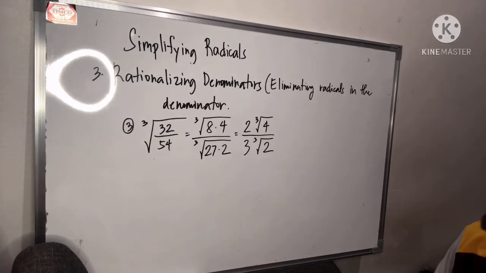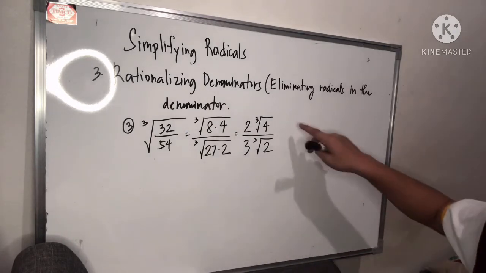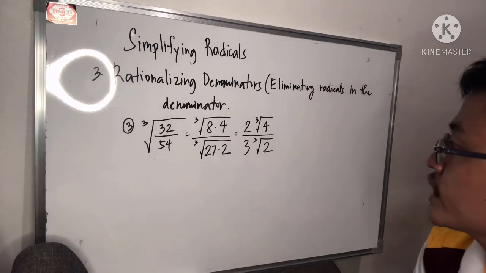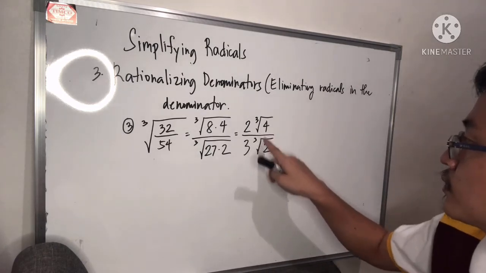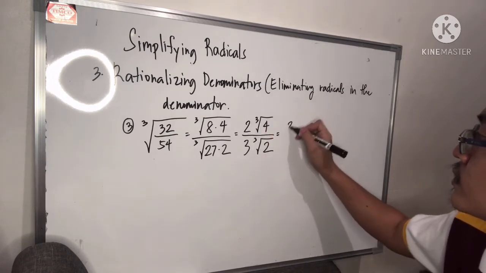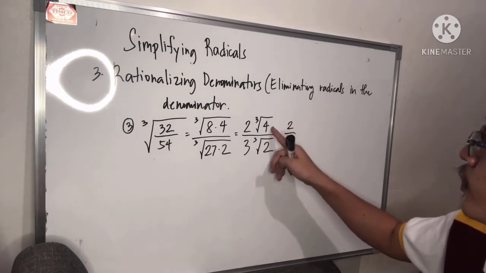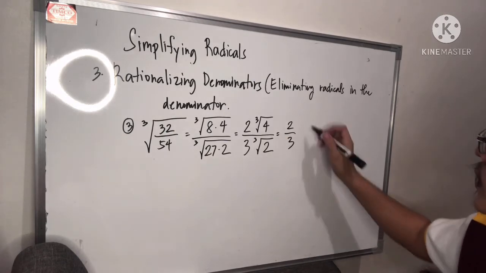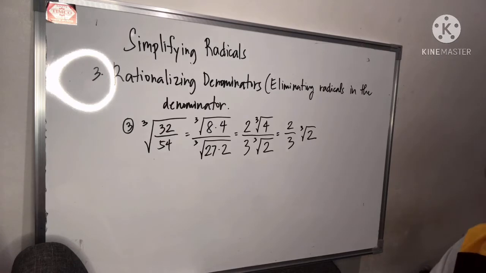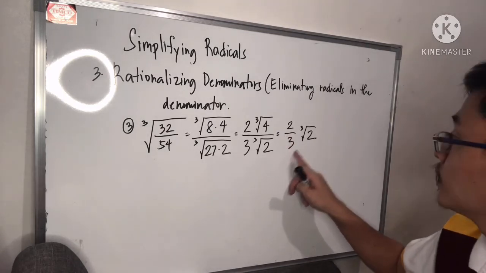So, para ma-solve naman natin yan, pwede na natin itong kunin yung quotient, diretso. Dito. So, we're going to rewrite 2/3. 4 divided by 2. That is the cube root of 2. So, the final answer is 2 over 3 cube root of 2.